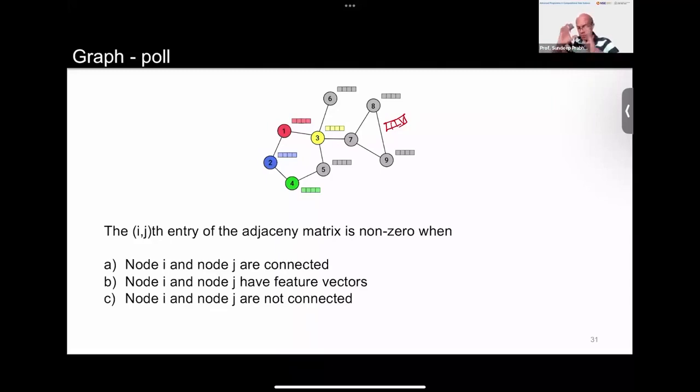So I hope the notion of adjacency matrix is clear. Adjacency matrix has nothing to do with the feature vectors. It is basically describing how the graph is connected.